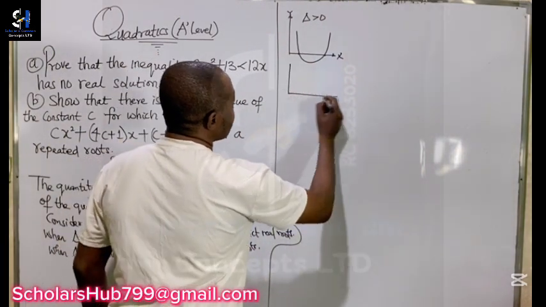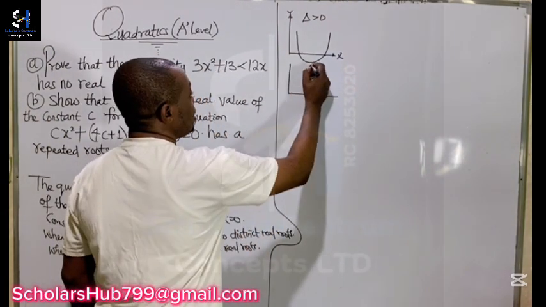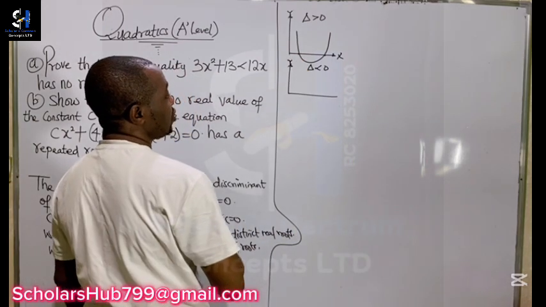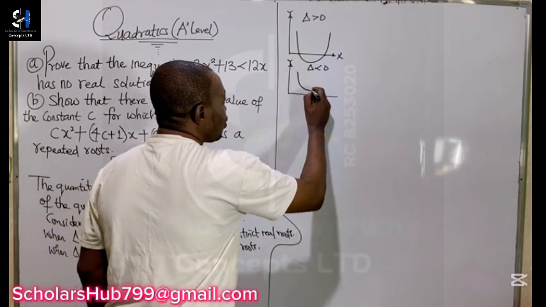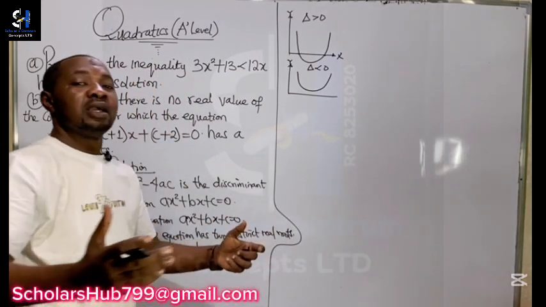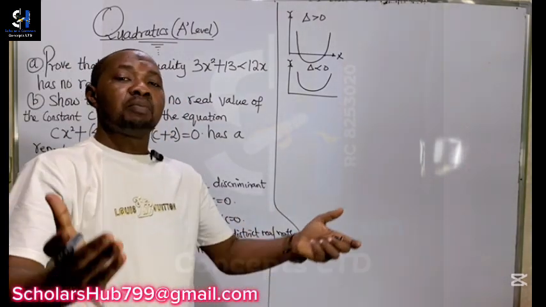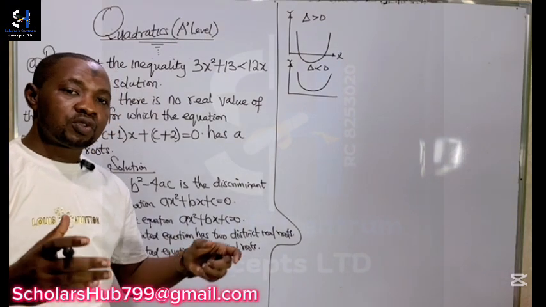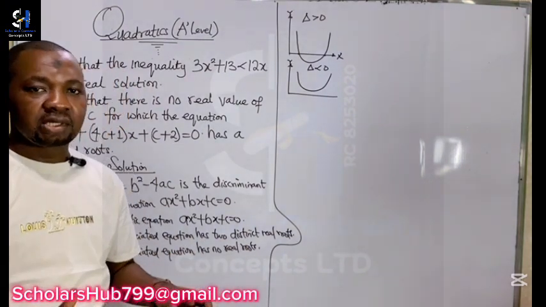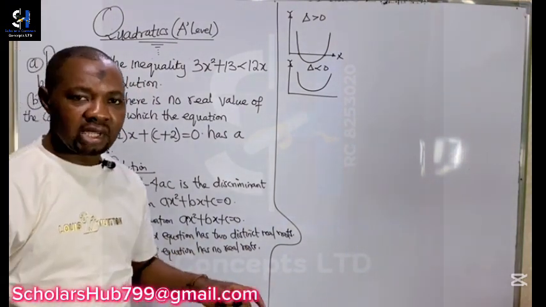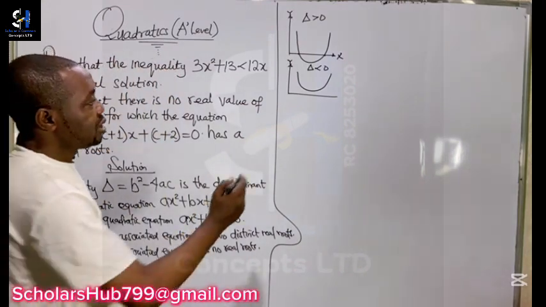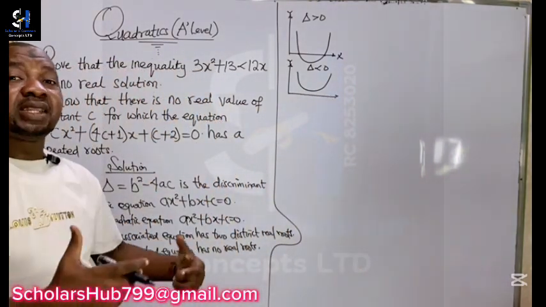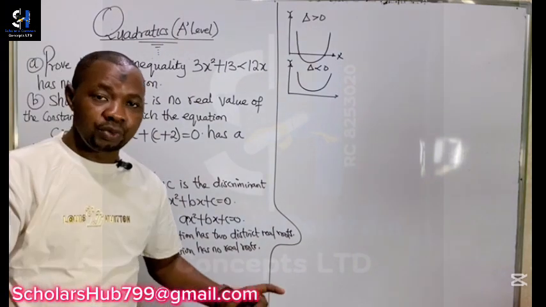When the discriminant is less than 0, the parabola will lie entirely above the x-axis. That means it does not cut the x-axis at all, which is the case when the associated equation has no real root.